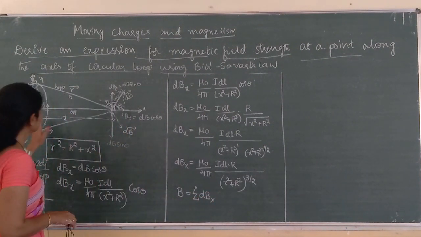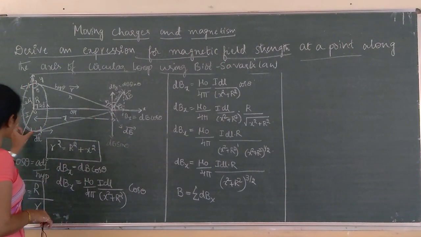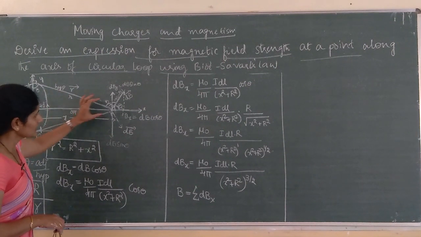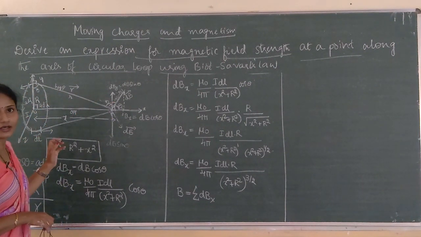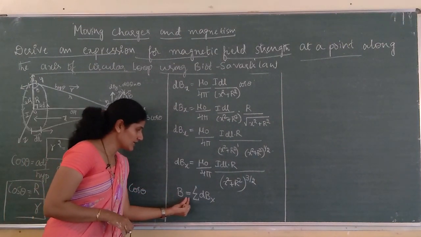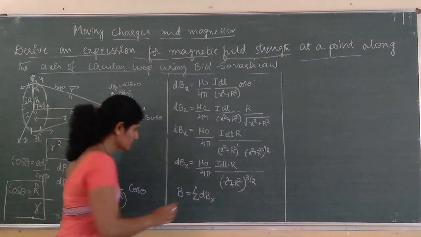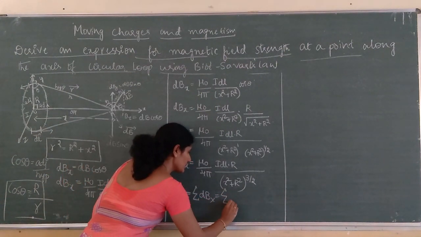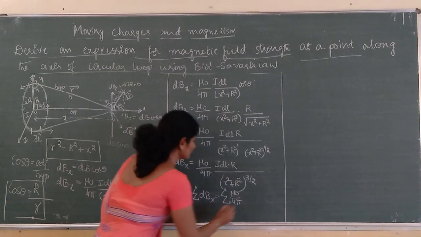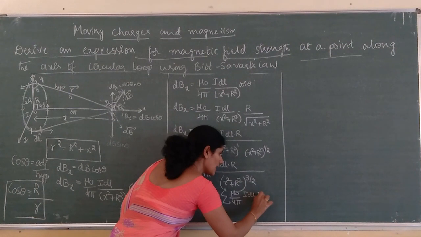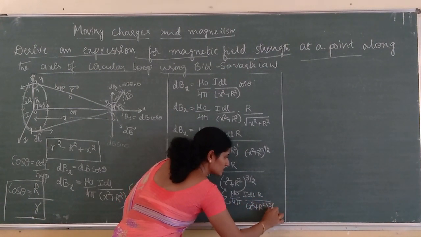On adding the magnetic field at this point due to all the line elements, we get the total magnetic field at this point due to this whole circular loop. So B, the net magnetic field, is equal to summation of dBx, which is mu naught by 4 pi IDL into r divided by x square plus r square to the power 3 by 2.